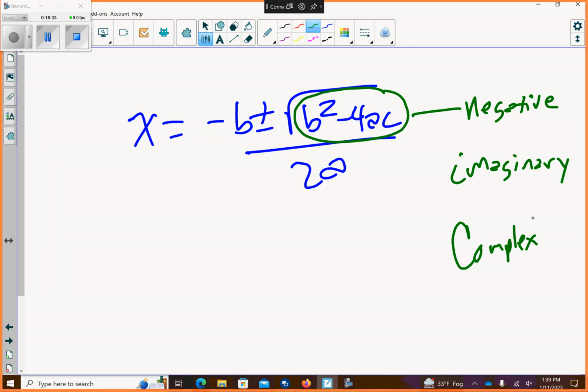A few years ago in Algebra 2, I had a parent call, and I swear it seemed like a comedy act when I was on the phone with the guy. So the dad calls me and says, Mr. Stirrup. He didn't know he didn't have to call me Mr. He could have just called me Stirrup. He goes, I'm really concerned that you are teaching my child things that are not real. That's right. We're not working with the real number system. Well, what do you mean? How could you have something that's imaginary?